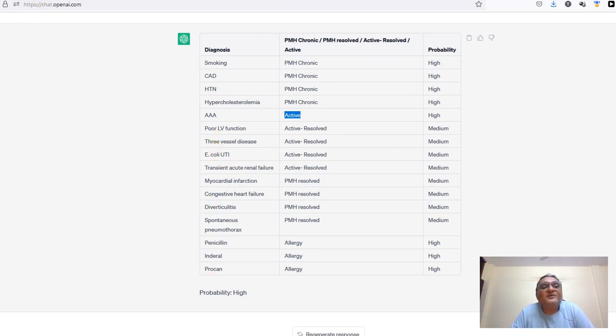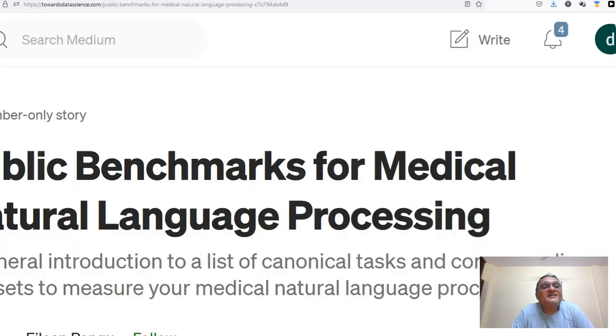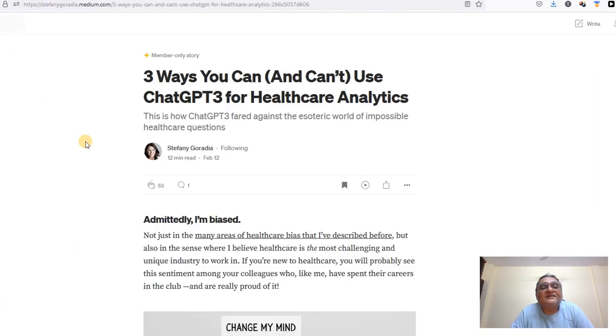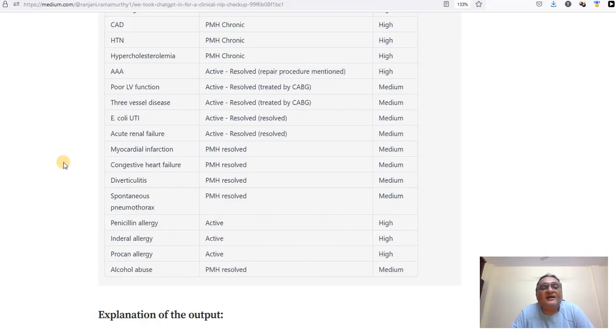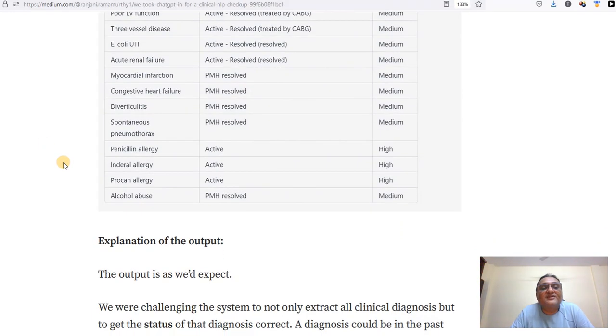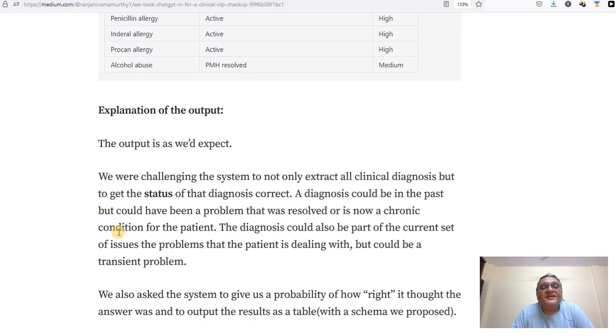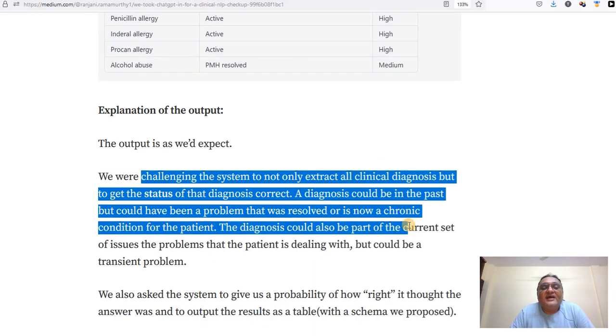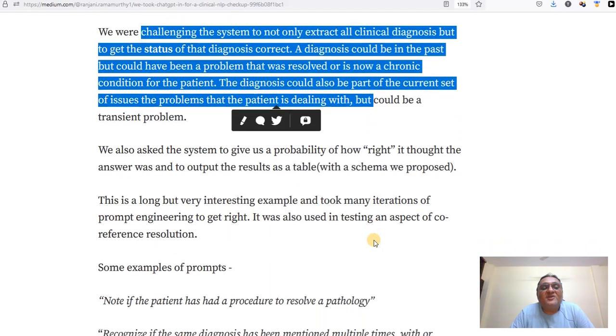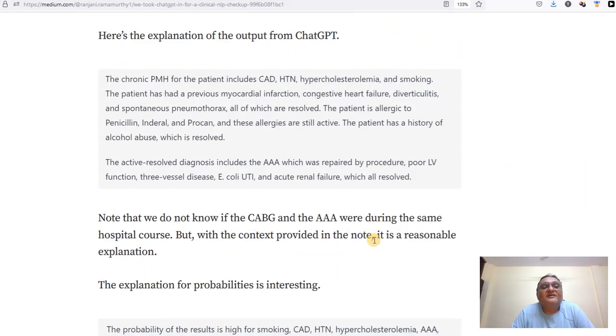That is an important thing, because previously, when Miss Ranjani and other researchers were testing it, they tested it further. They challenged the system, asking how can you give acute renal failure? Yes, the chronic PMH of the patient includes this and this.